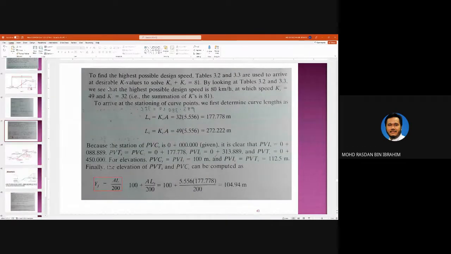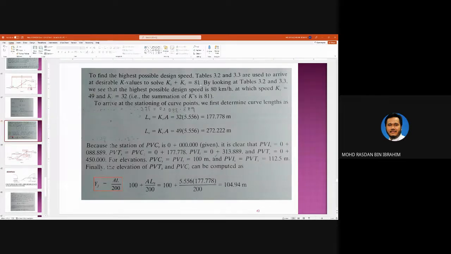To find the highest possible design speed, we use tables 3.2 and 3.3 to get the values of Ks and Kc that sum to 81. So this is the value that we have calculated. Using the first table, find the K value for the sag curve and the K value for the crest curve that have a common design speed so that the total is 81.